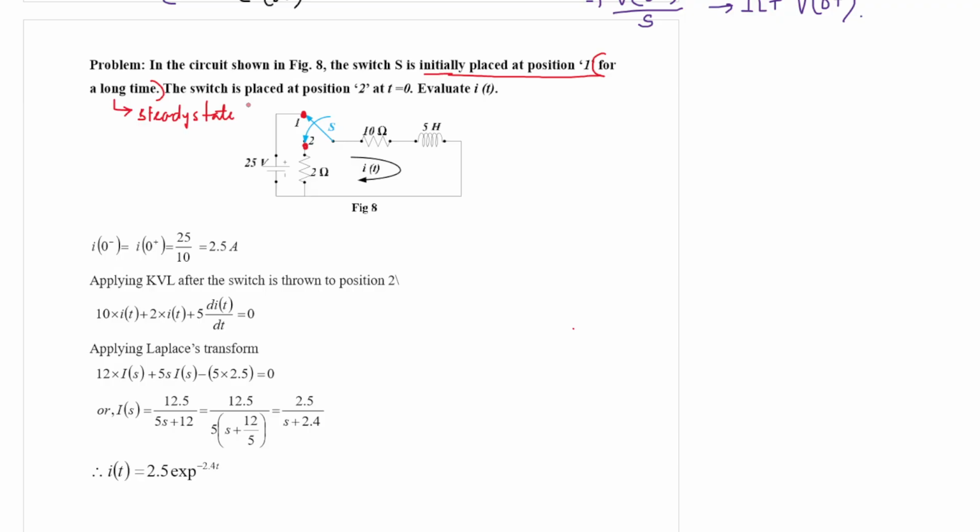So when the circuit mentioned in figure 8 is placed at position 1, this is the switch, this will be 10 ohm and this will be 5 Henry inductance, connected in series with a voltage source of magnitude 25 volt.